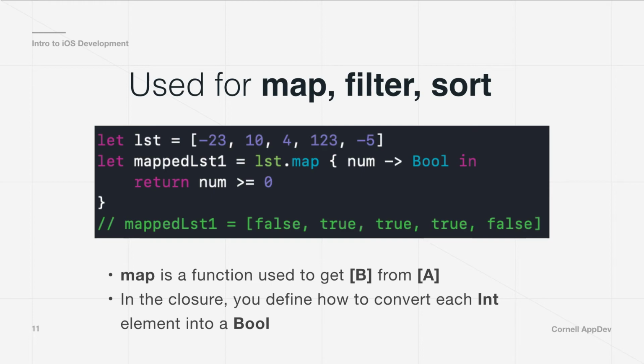We have an array of type A, which in our first case is just an array of type int, and we can convert it to an array of a completely different type with this function called map. And these curly braces here with a num that returns a Boolean value, that's the closure. We have this argument num, and after the in keyword, this piece of code that we execute inside of our closure. Does anyone have any questions about that? Okay, cool.